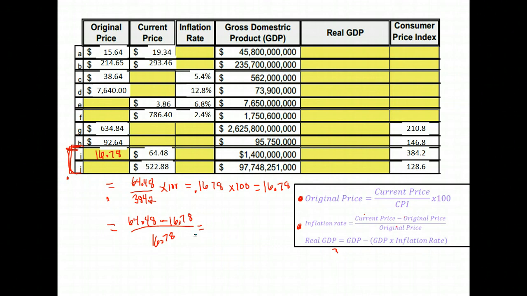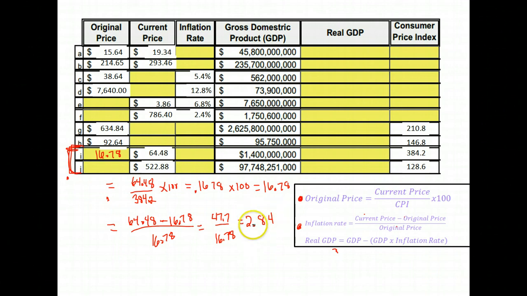So 64.48 minus 16.78 is 47.7, divided by 16.78, and we get 2.84.